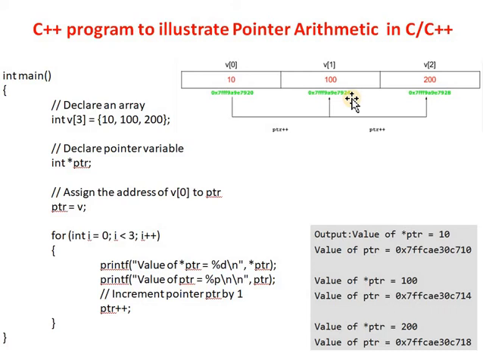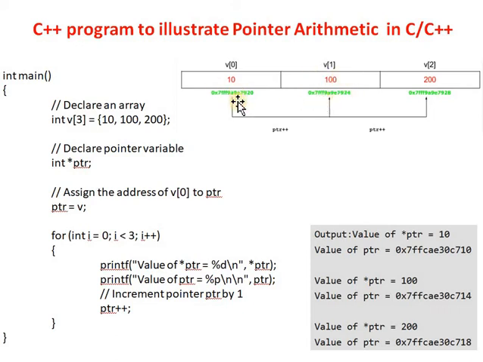If the system uses 4 bytes to store an integer value, then the second element of an array is stored after 4 memory locations of the array.